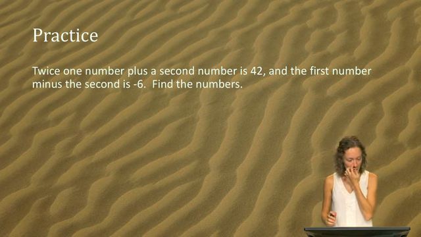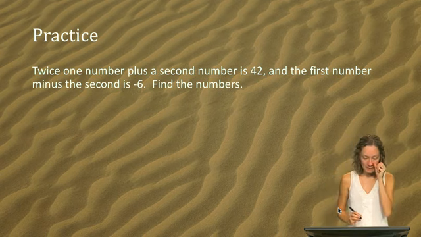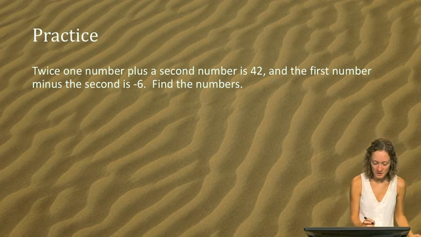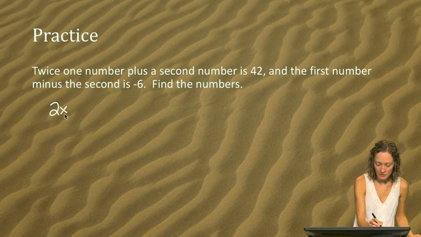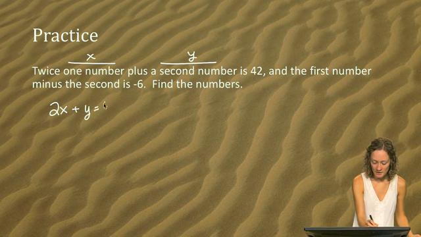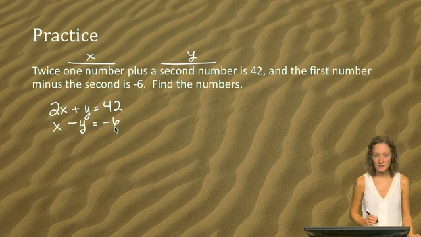The first one, twice one number plus a second number is 42, and the first number minus the second is -6. Find the numbers. Translation, first sentence, twice one number, 2 times x, we'll call this x, and the second number, y, plus a second number is 42. And different scenario, the first number minus the second number is -6.